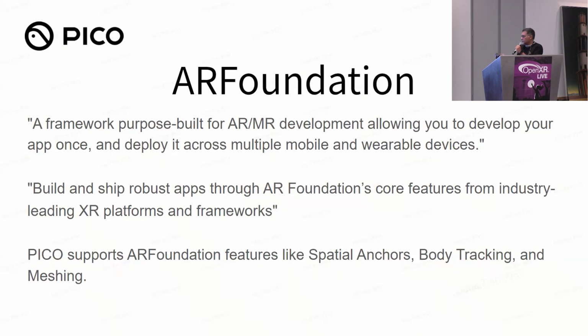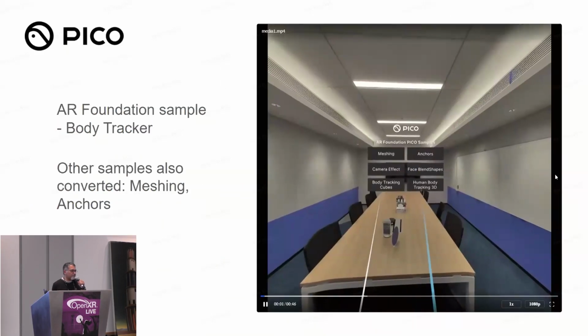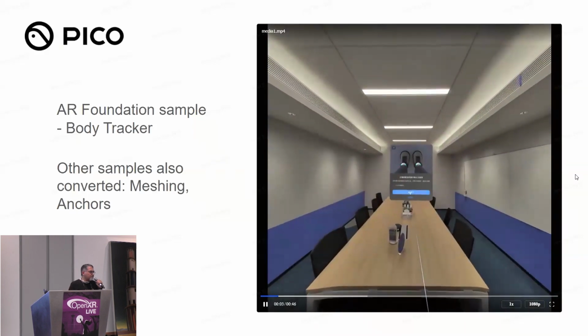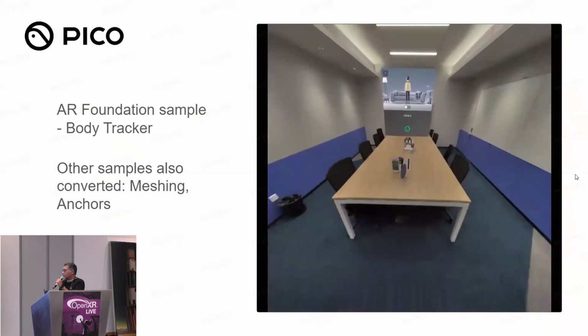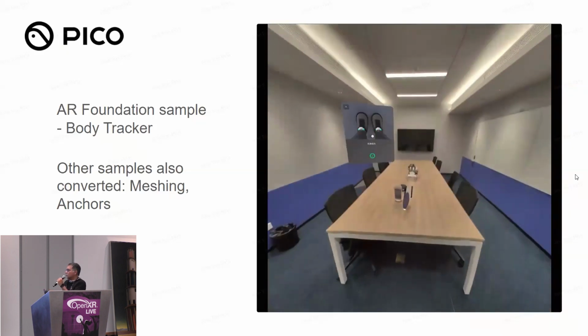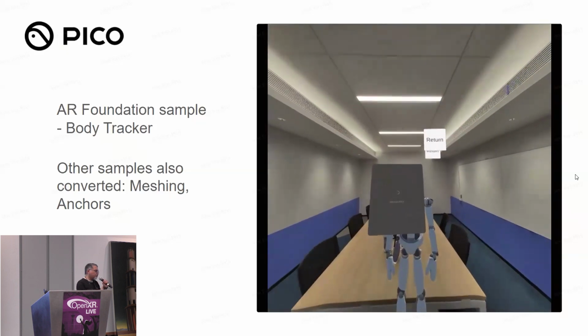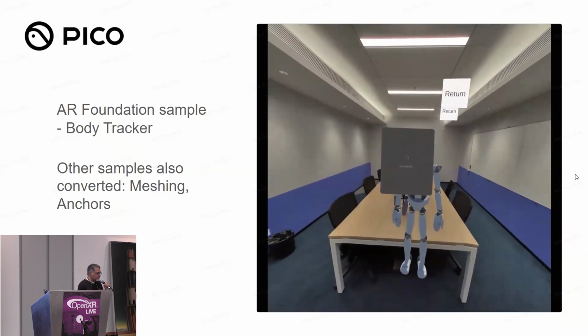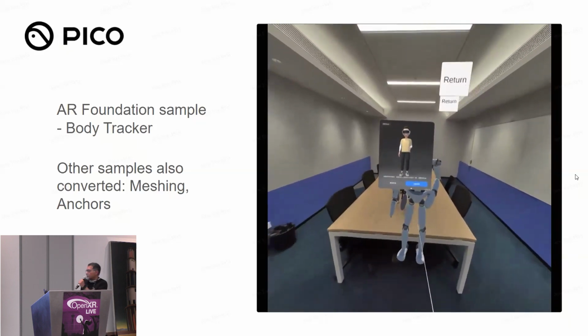To show an example of how AR Foundation would work cross-platform, we took an AR Foundation sample from mobile and transferred it over to headset. And all we had to do was very simple things. In this case, we're using the body tracker that PICO has, which is a piece of hardware that you put on your ankles, and that'll track your body pretty accurately.